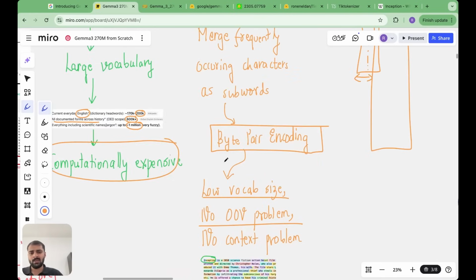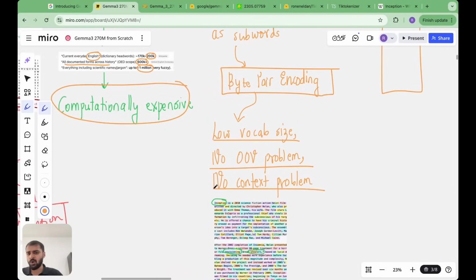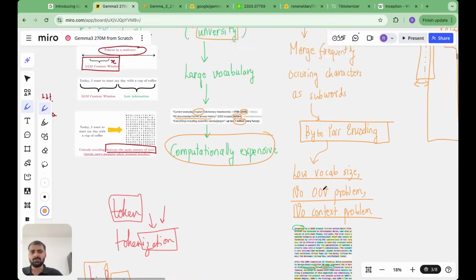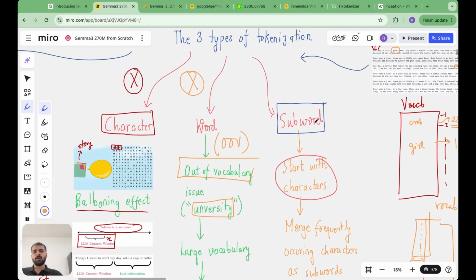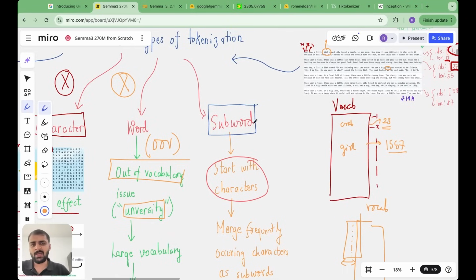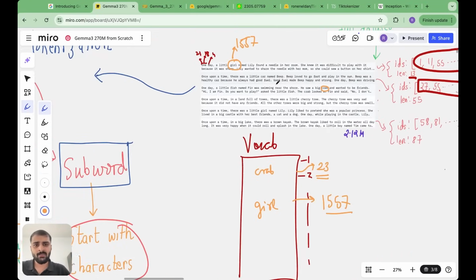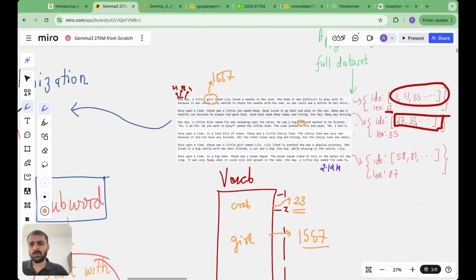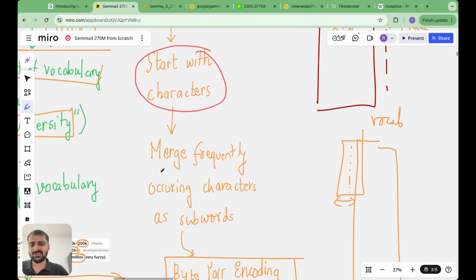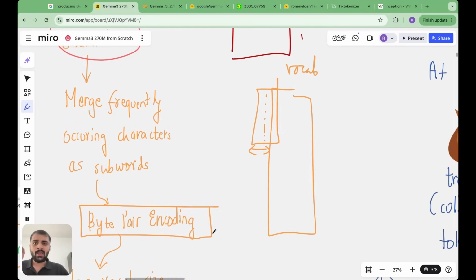So out of vocabulary problem is not there, and we don't have a context problem also, because apart from characters we also have subwords and words in this vocabulary. So this subword tokenization scheme is one of the most popular tokenization schemes, and this is what we are going to implement in our code. We are going to take every single story and we are going to implement this subword tokenization scheme called byte pair encoding.